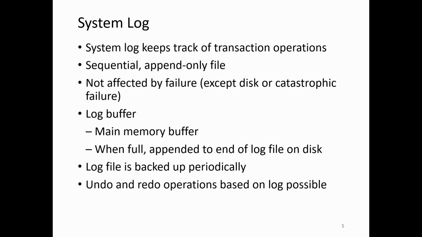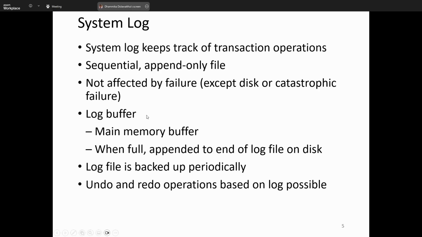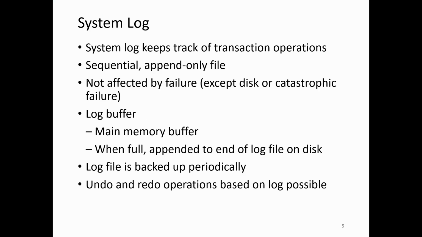The log buffer keeps track of transaction operations in a special file in the main memory. We call it the log buffer. When it is full, it will be appended to the log file on the disk permanently.